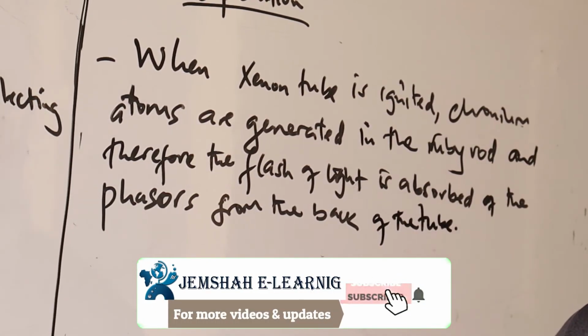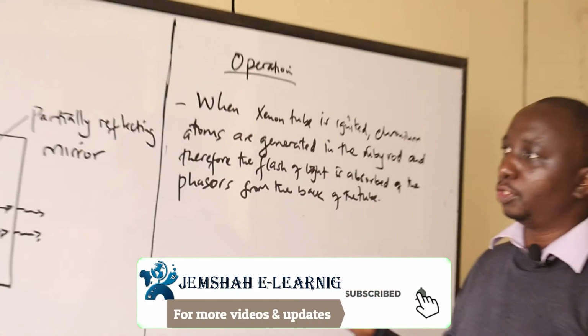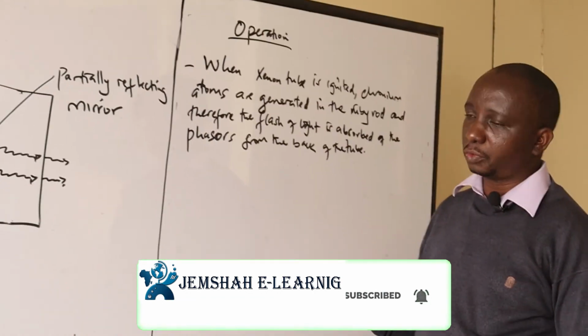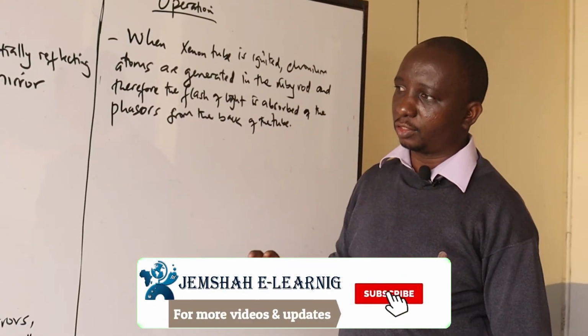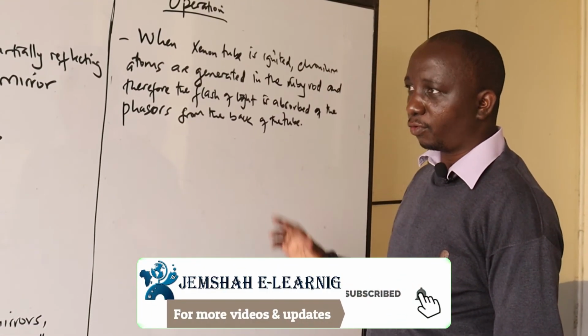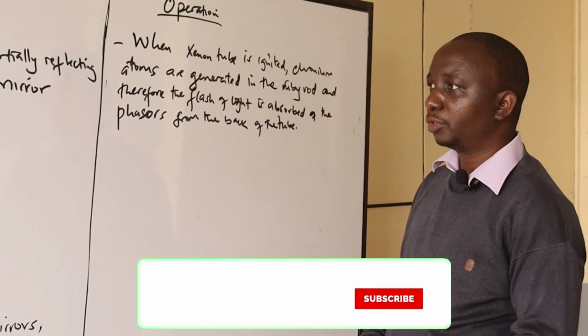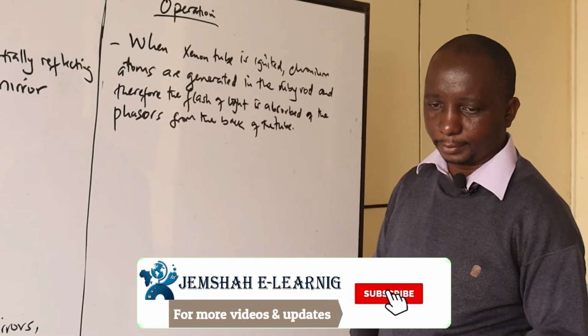So we are going to ignite the ruby laser, and it generates chromium atoms or photons, and this light is absorbed from the back. They'll be reflected back and forth to the forward direction towards the partial mirror.